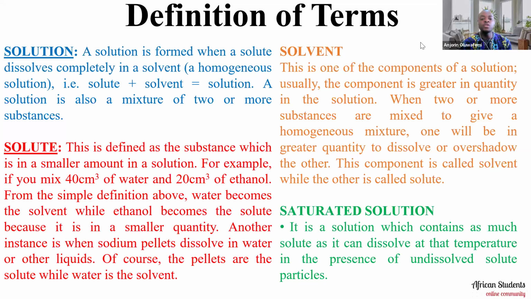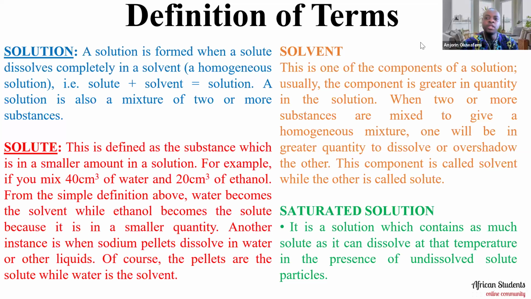Another instance is when sodium pellets dissolve in water or other liquids. Of course, the pellets are the solute, while water is the solvent. So we've also established a definition for solute as a substance which is in a smaller amount in a solution.